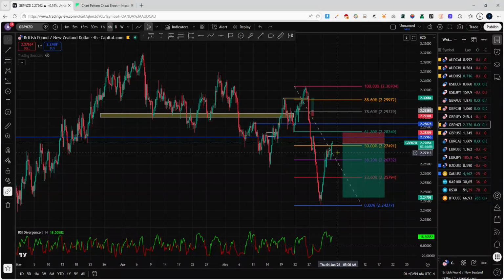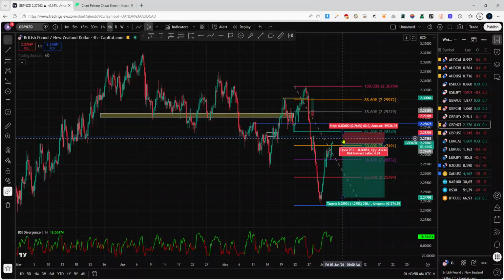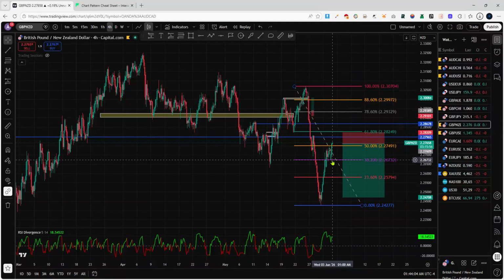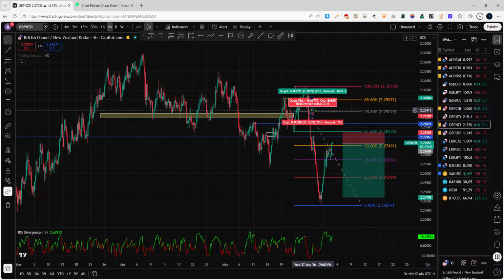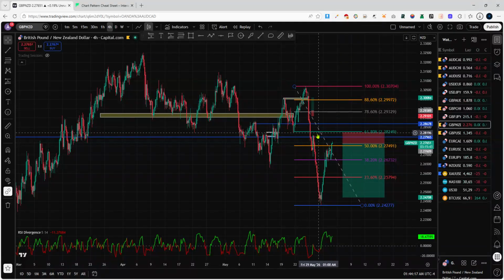Here's a drawback to the golden zone. I'm looking for the price to give some rejection candles and come back down and fill this beautiful area, this free range. If price ever decides to come up here, this is a good spot to trade on a lower time frame. So that's what I'm looking for on that one.